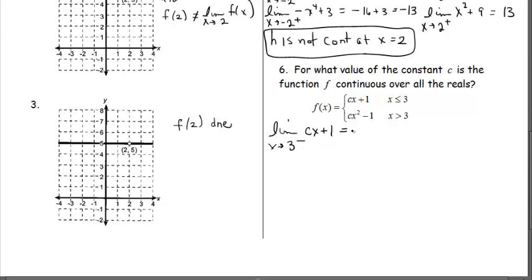Plug in 3. Plug in 3: square root of 9c minus 1. Therefore, let's equate the y's, make them equal.